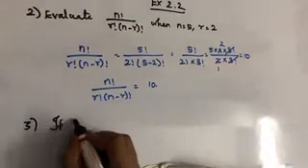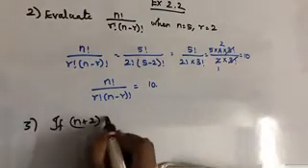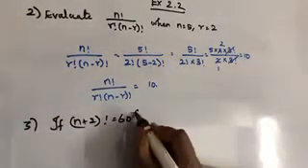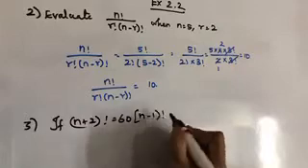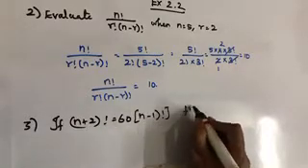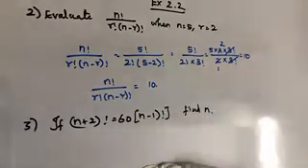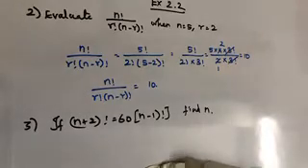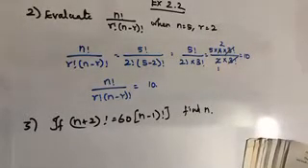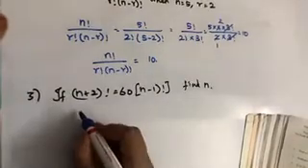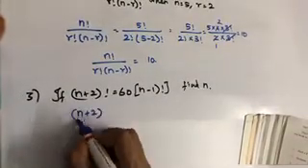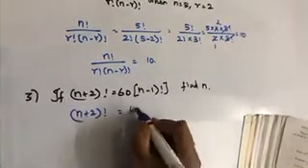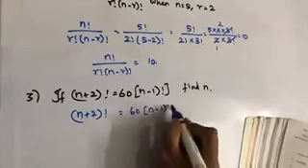if n plus 2 factorial is equal to 60 into n minus 1 factorial, find n. So we have to find the value of n, and the given condition is n plus 2 factorial is equal to 60 into n minus 1 factorial.